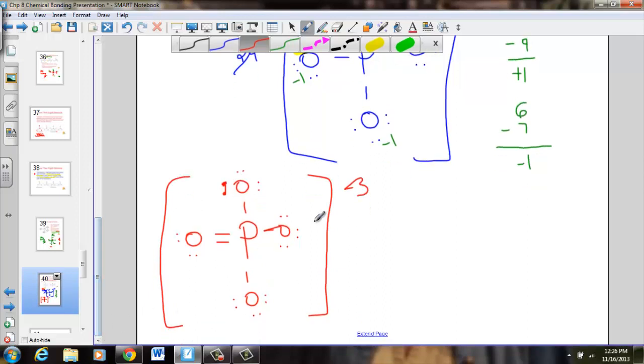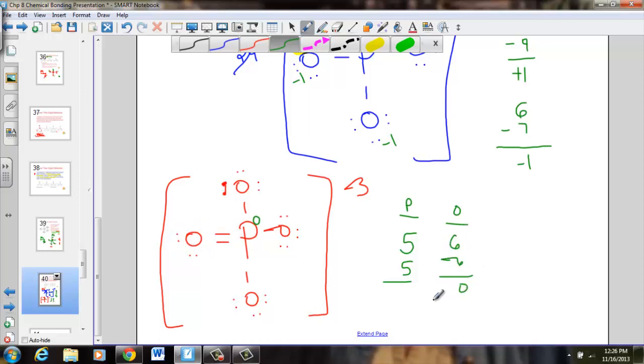Alrighty. Well, now when I consider formal charge, phosphorus lives in group 5A, 5 valence electrons. It now has a formal charge of 0. Oxygen lives in group 6A, 1, 2, 3, 4, 5, 6.